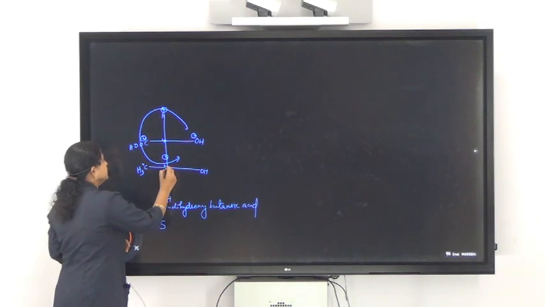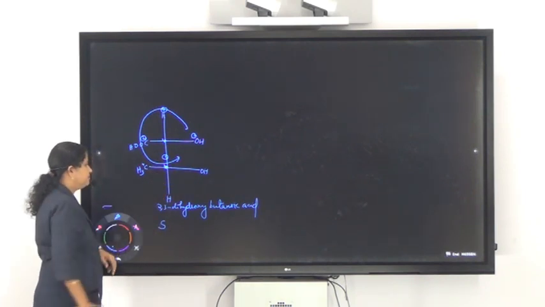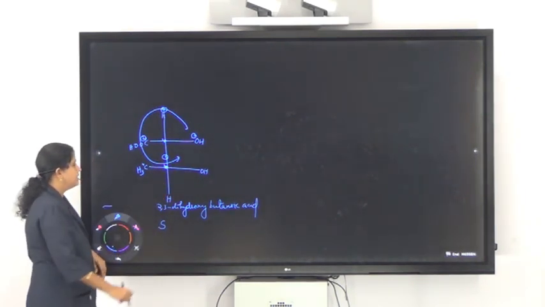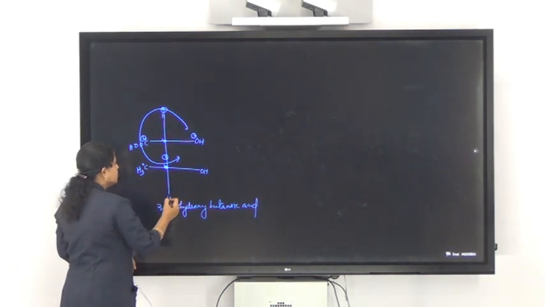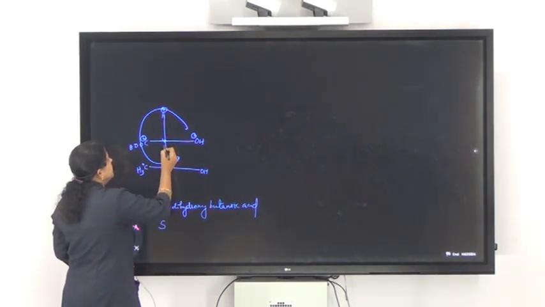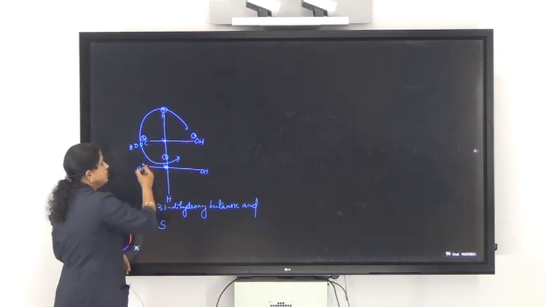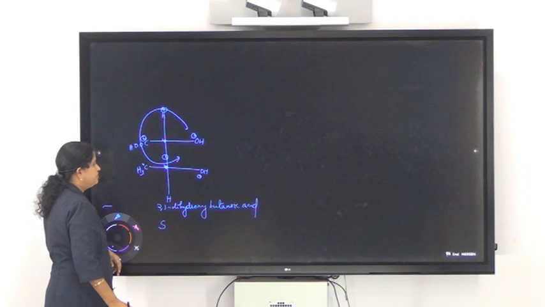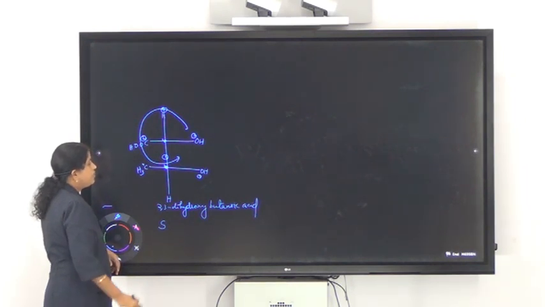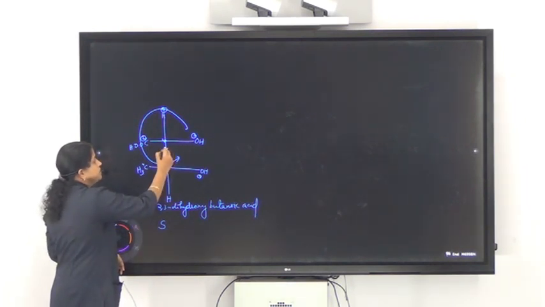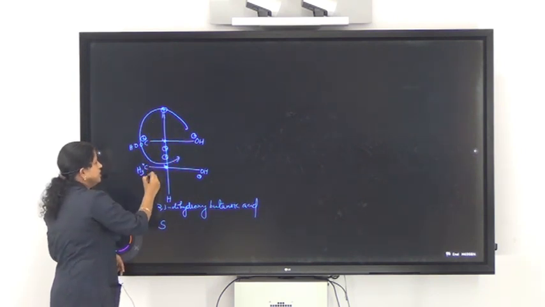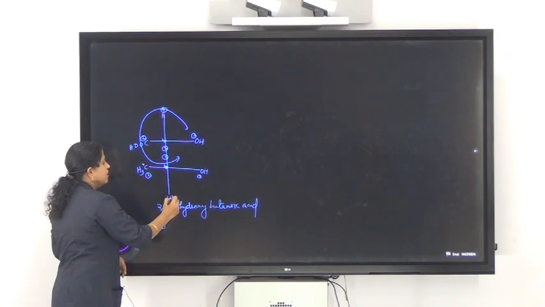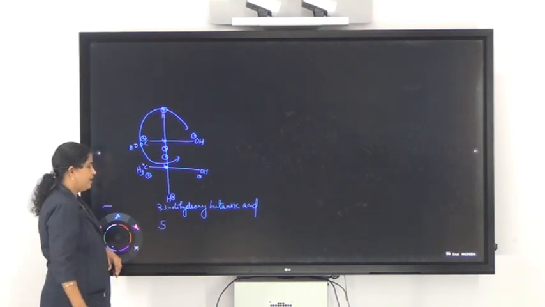Then take the case of the third asymmetric carbon atom. In the third asymmetric carbon atom, the different groups are the hydroxyl group, H, CH3, and the COOH group. The highest priority is for this OH, then the second priority for this COOH group, then the third priority for this, and the lowest priority for this one.